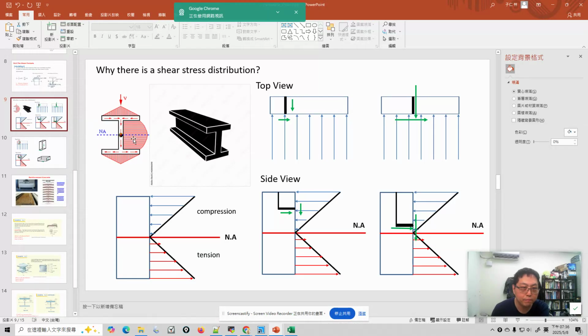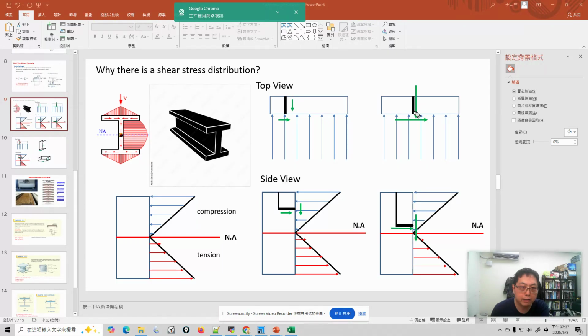In the flange part, we use a top view to look at this section and this section. This section experiences more compression force.